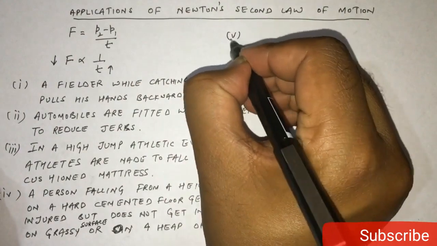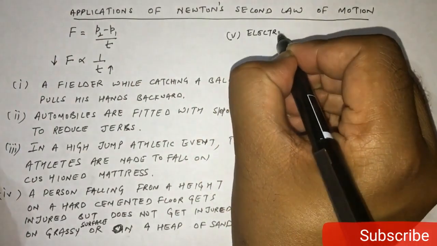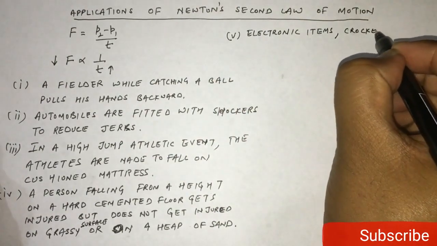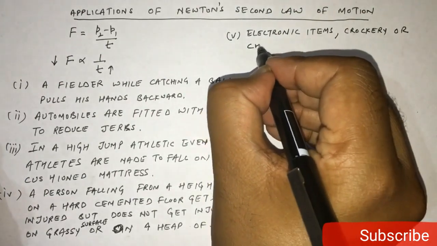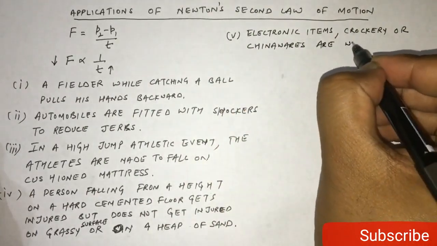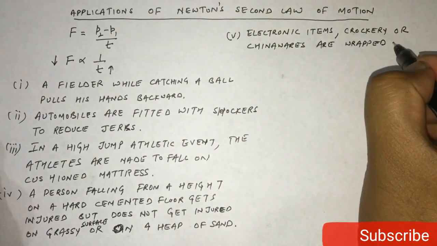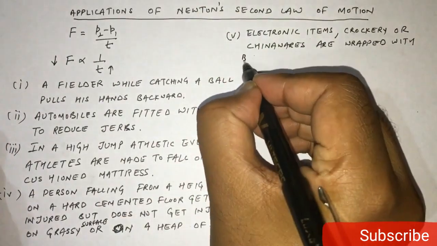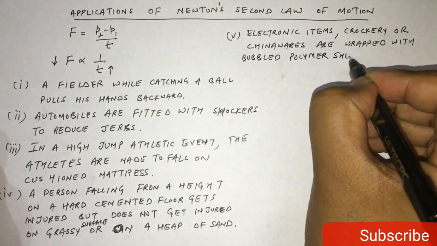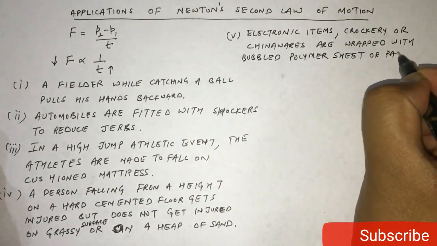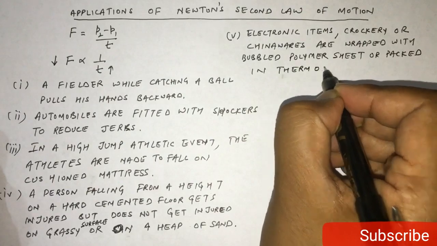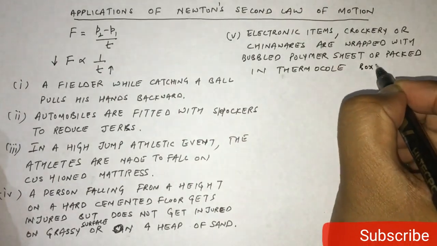The fifth application is electronic items or crockery or the chinaware are wrapped with bubbled polymer sheets or packed in thermocol boxes.